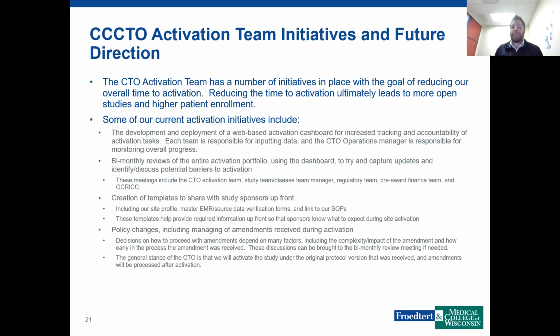For example, if we receive an amendment after IRB approval and when we're trying to finalize the contract, instead of submitting an amendment and reworking everything, we'll just proceed with study activation how we are, open the study, and then process an amendment. That's through discussion with our own groups and discussion with the study sponsor to agree to that. But taking a firm stance there can really help lower activation timelines because amendments can be pretty disruptive to the process.